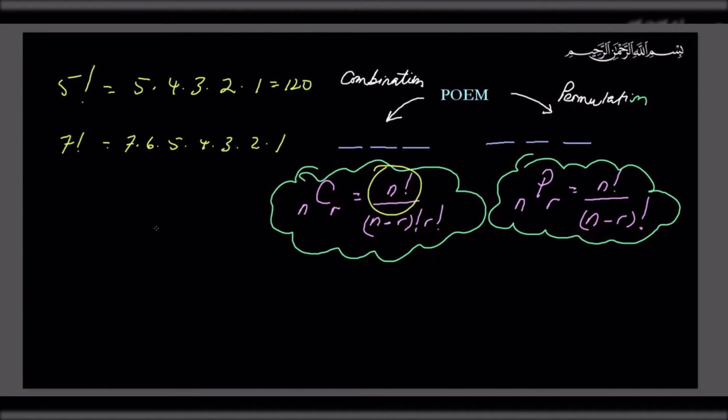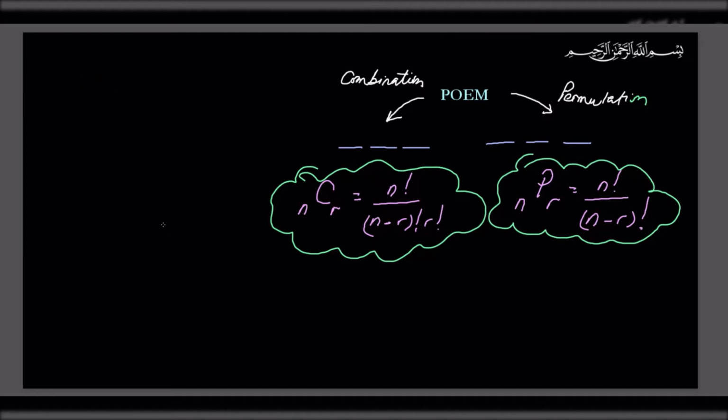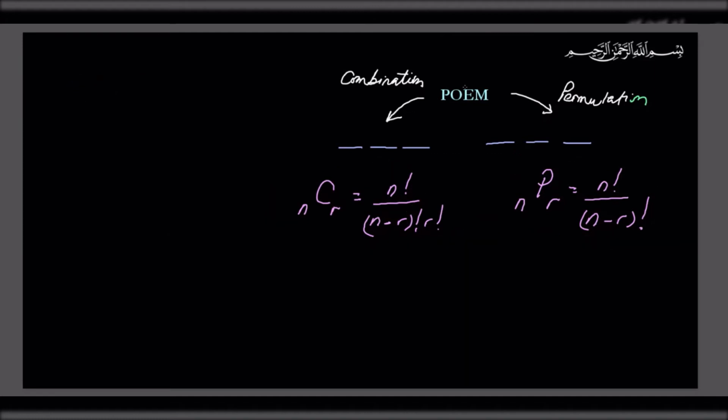So if we were to find out how many different combinations and how many different permutations of 3 letters there are from a 4-letter word, we would do the following. This scenario would be the combination of 4 choices, that's n, but you're choosing 3. And here it will be the permutation of 4, pick 3.